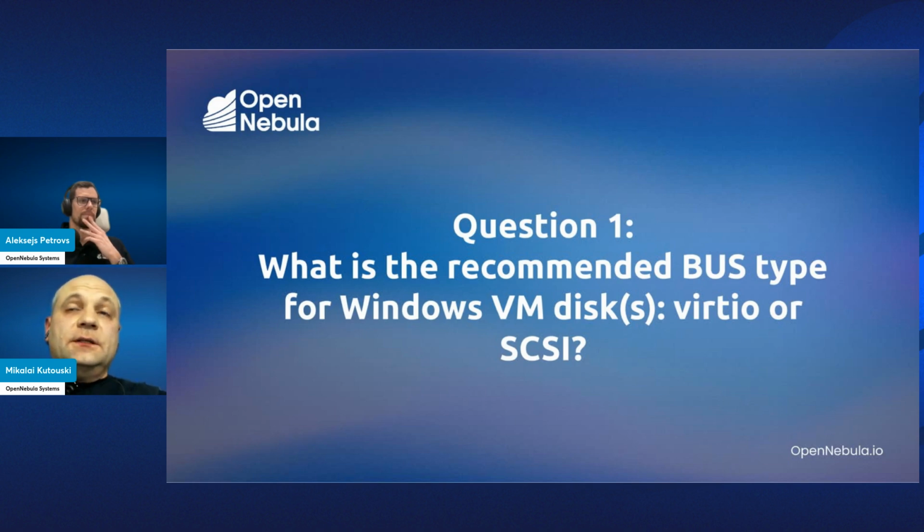But SCSI, we recommend when you want to benefit from its features like trimming. For example, it provides a possibility to organize so-called queues. I mean, there is a special attribute in OpenNebula like virtio scsi queues. So you have to play with it a bit to improve your performance.